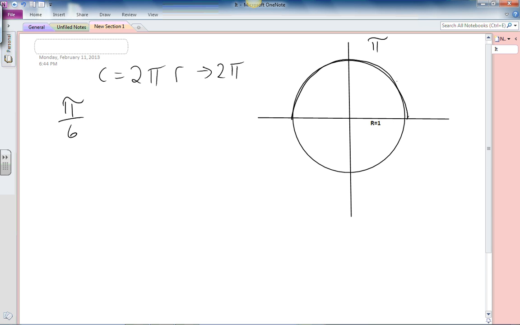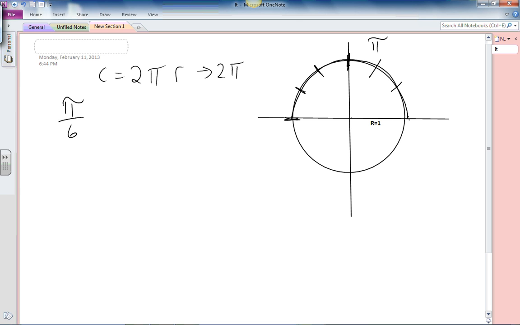If I take the top portion of the circle and divide it into 6 parts, that would be 1, 2, 3, 4, 5, 6. I divide pi into 6 equal parts. It should make sense that if I go from here to here along the edge of the circle, I've gone 180 degrees.